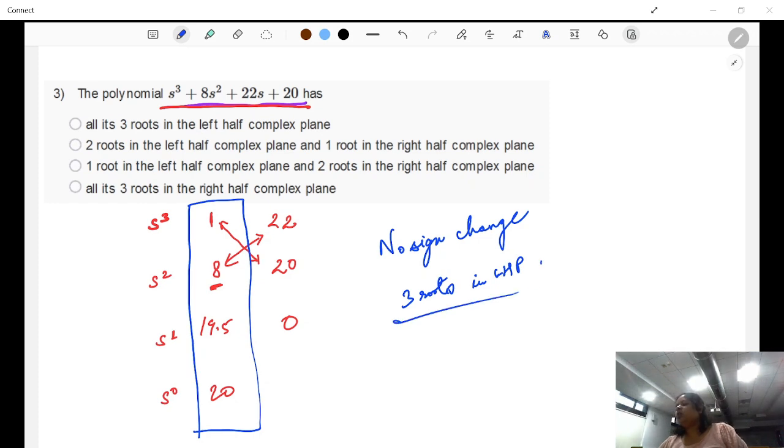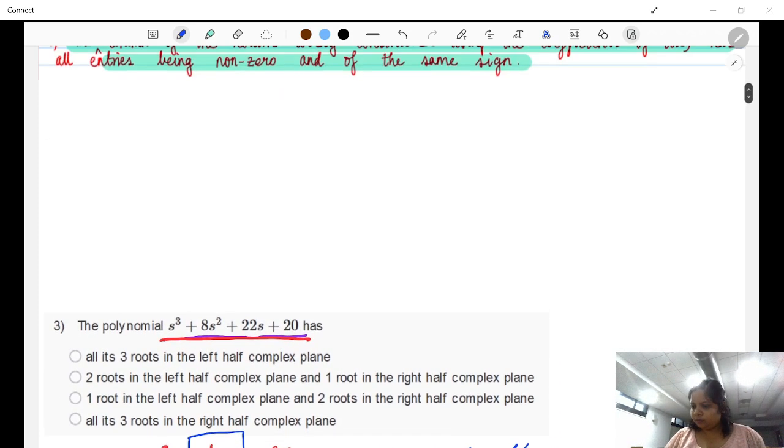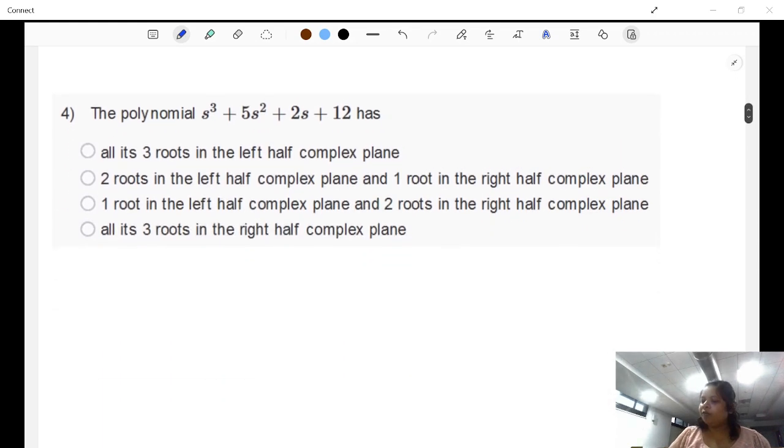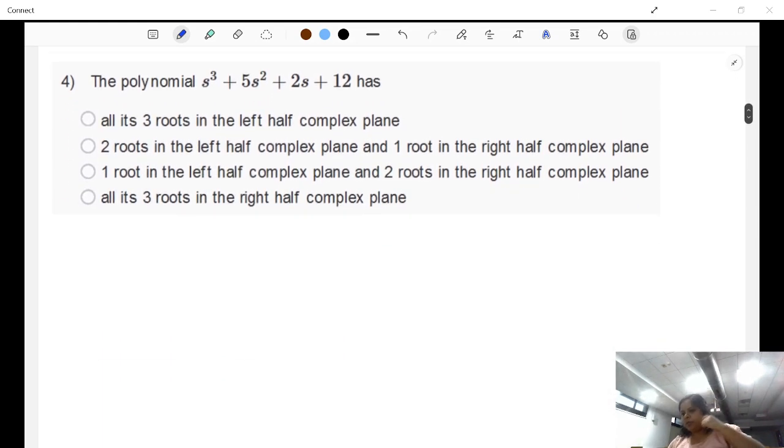So this was the case that we have seen. Now we'll move to the next question, and it is also of similar nature. We're going to do the same thing and see what we get after the calculations.